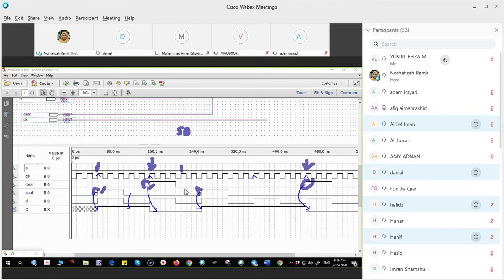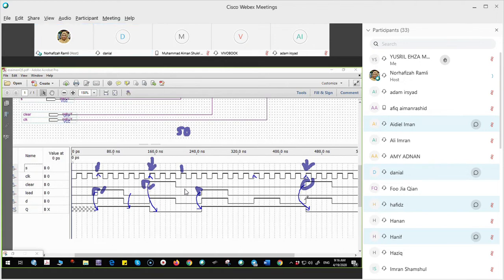That is why we talk about setup time and hold time. The setup time, as a reminder: make sure that if you want the input to activate the output, you have to set it before the triggering time. You want to make sure that during the triggering, the input condition is already stable.